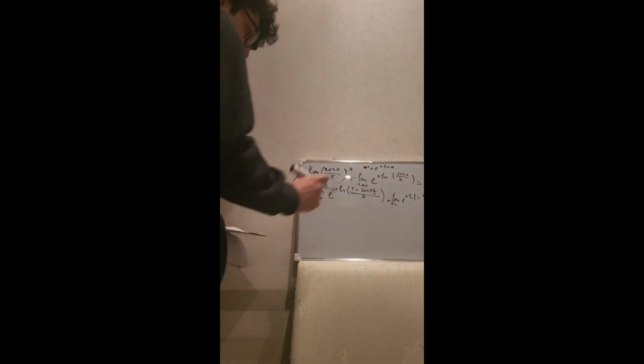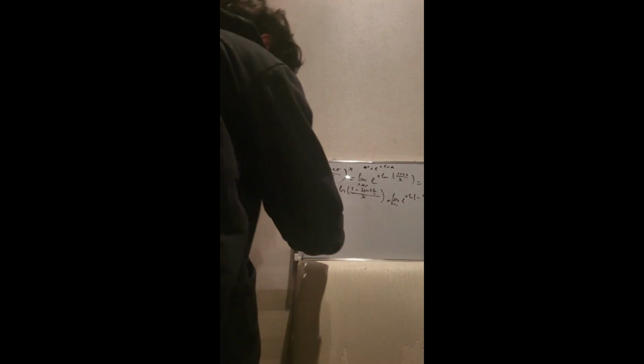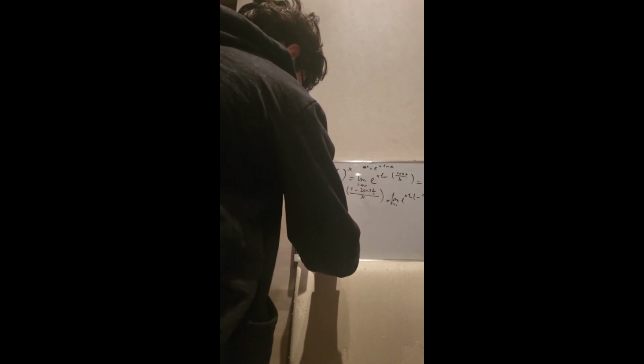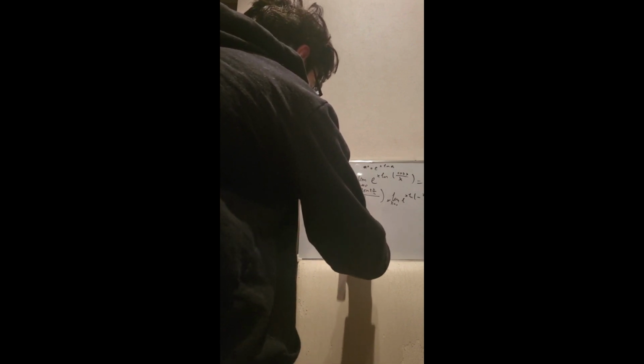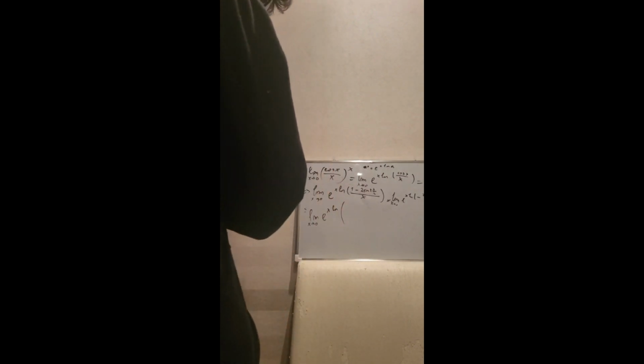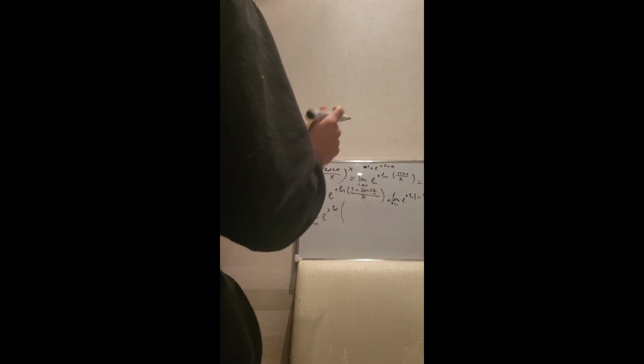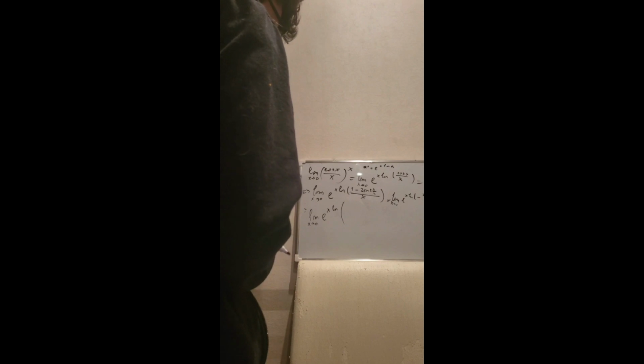So at the end we are going to have limit x approaching 0, e power of x ln, and we are going to apply the first formula, sin x over x equals 1 when the limit is approaching 0.